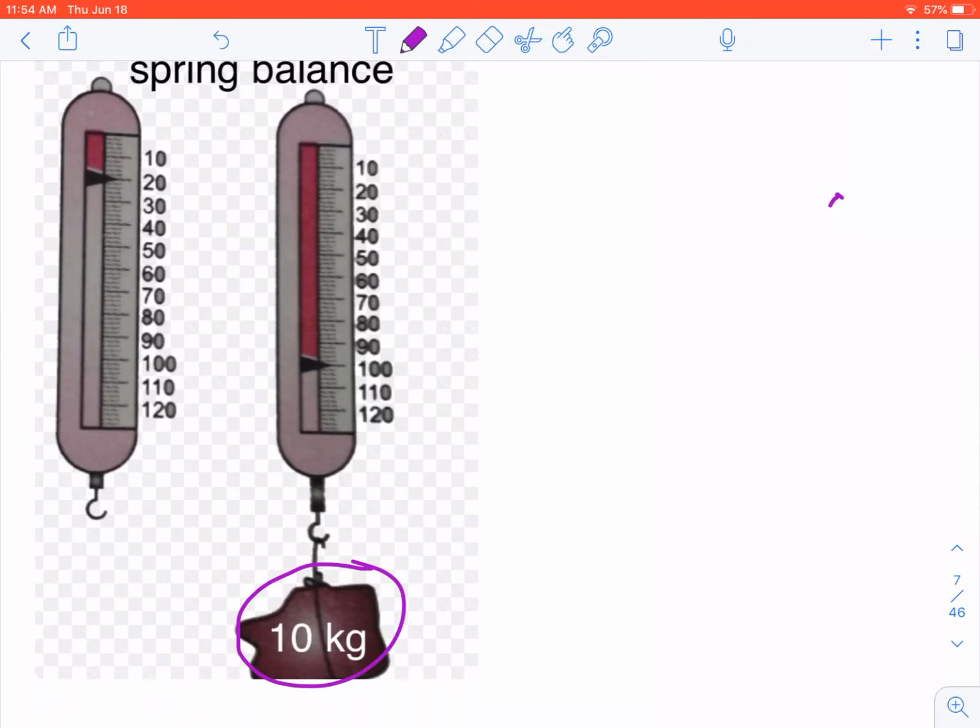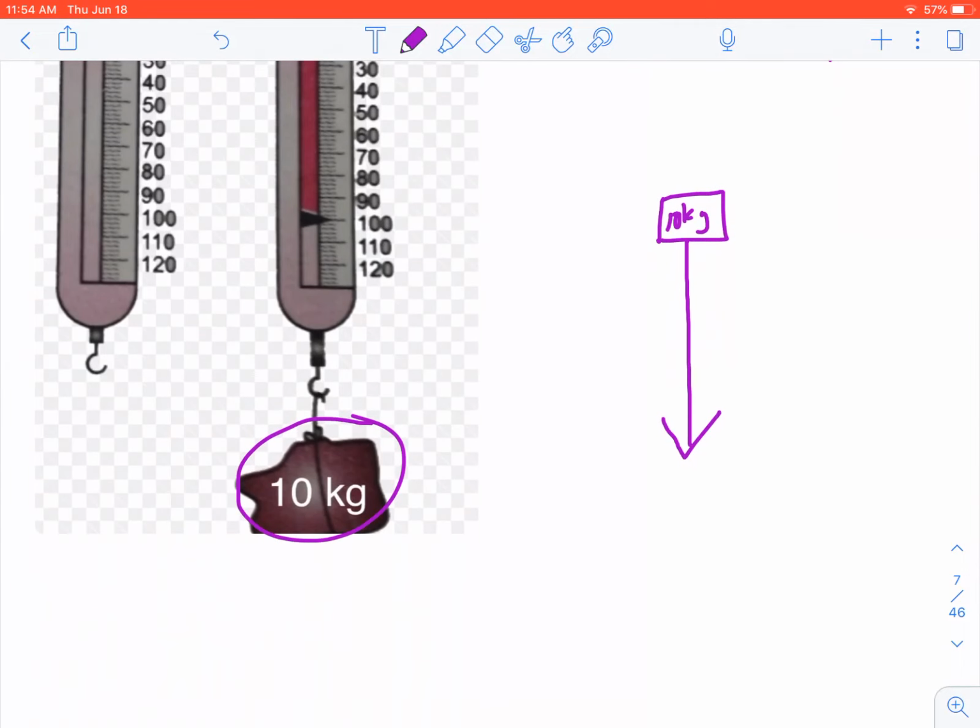If we look at this 10 kg and the force, there's a force acting downwards, because we have the earth here.